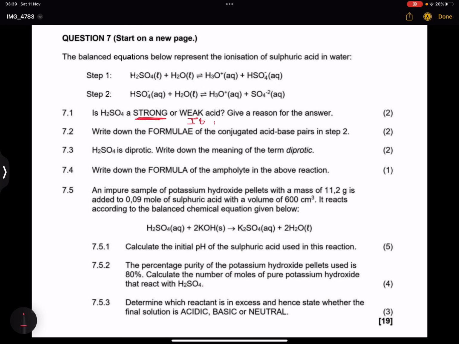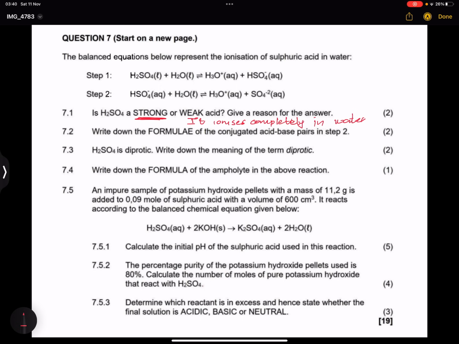It ionizes completely in water, or you can say in solution. Well, it ionizes almost completely, but of course, we'll disregard that.